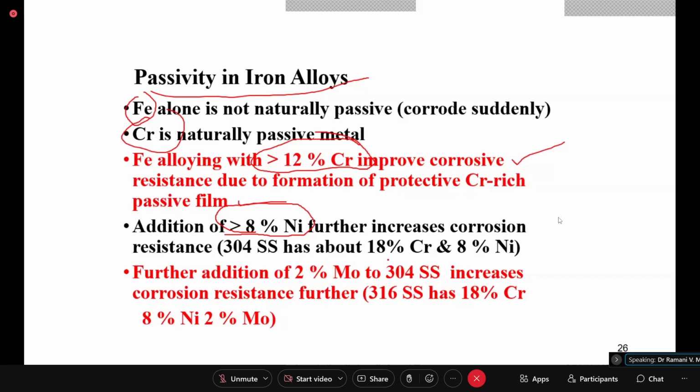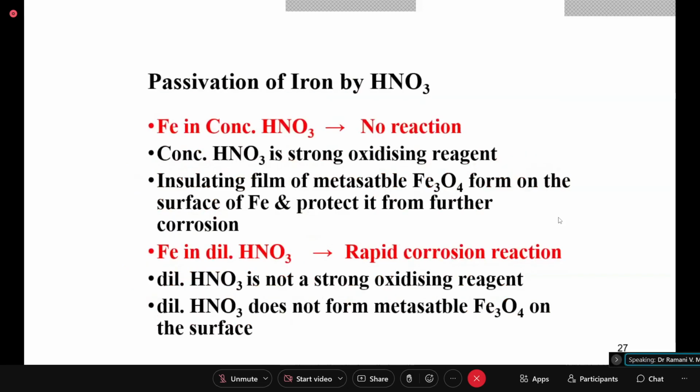So along with chromium now you are adding nickel also to increase its corrosion resistance. Then further addition of 2% molybdenum to 304 SS increases corrosion resistance further. 316 stainless steel has 18% chromium, 8% nickel and 2% molybdenum. See how step by step one and the other thing is getting added, and the quality of passivation is increased.